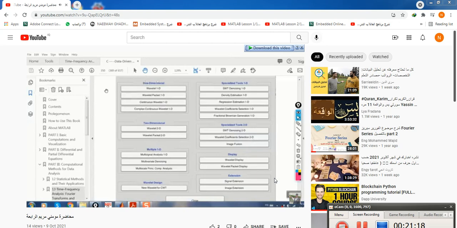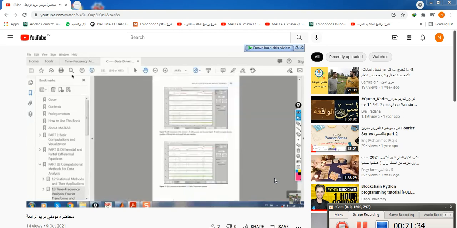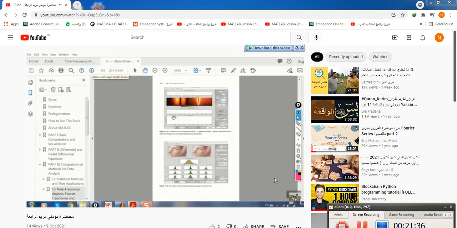I will explain some projects, some exercises that you must do with these two toolboxes. And here are some examples that you can see.